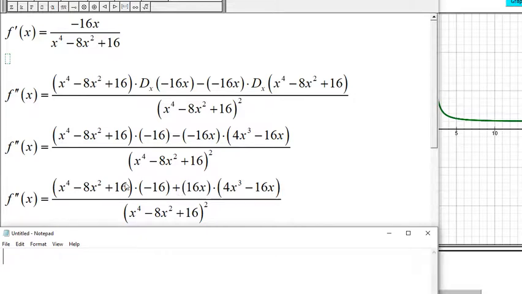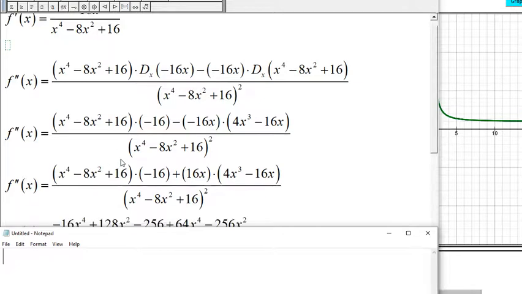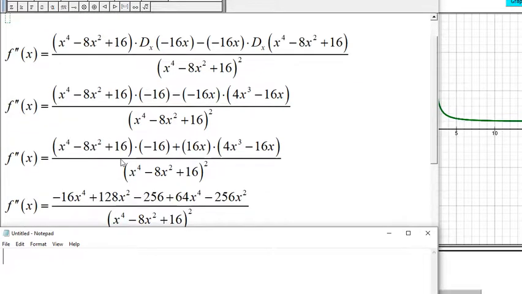And now let's multiply everything on the top out. Minus 16 times x to the fourth is minus 16x to the fourth. Minus 16 times minus 8x squared is 128x squared.